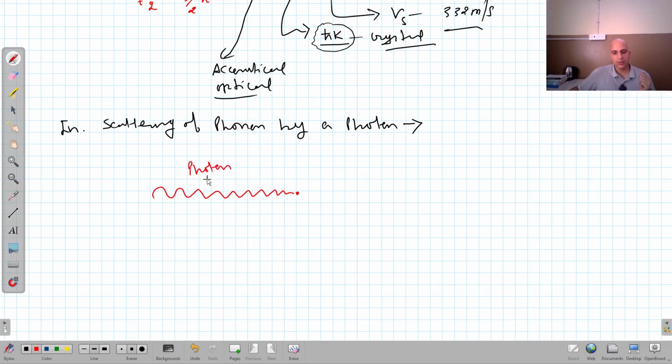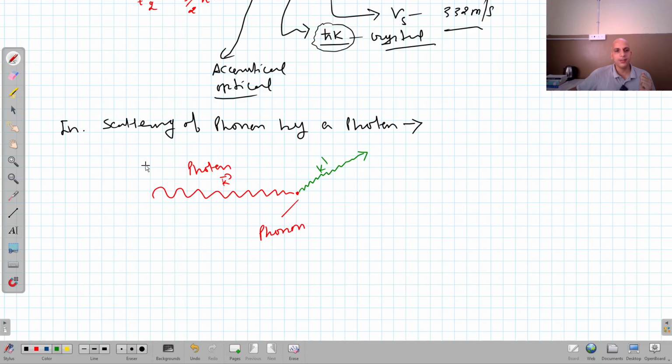This is the photon that has a wave vector small k. And here we have a phonon. Then when this photon is scattered by this phonon, it travels in this direction. This is now wave vector small k dash.